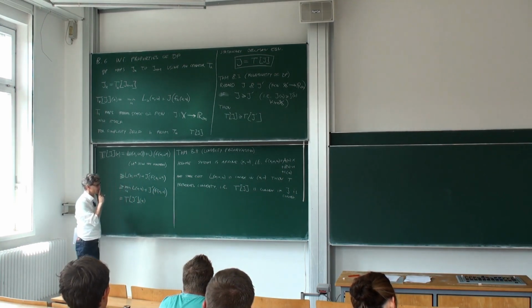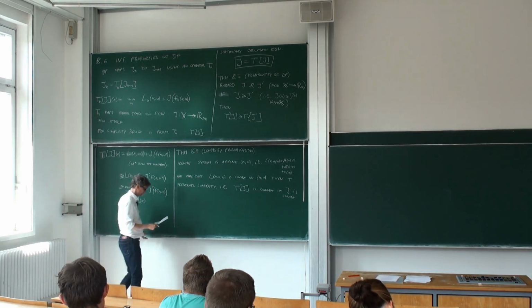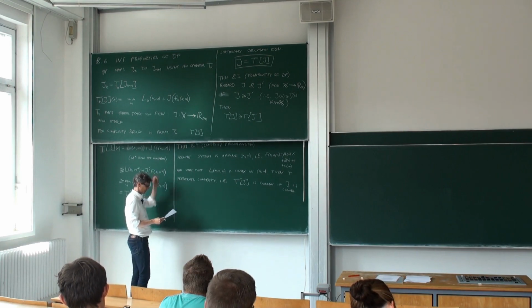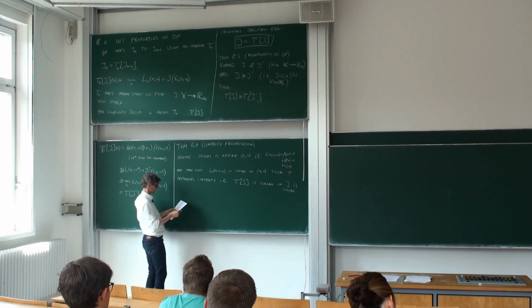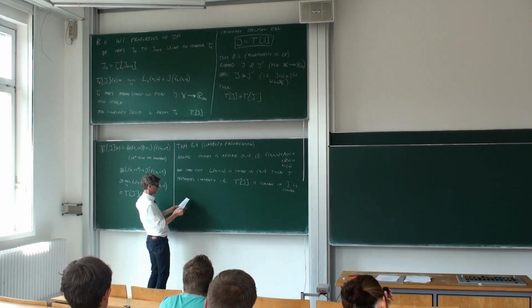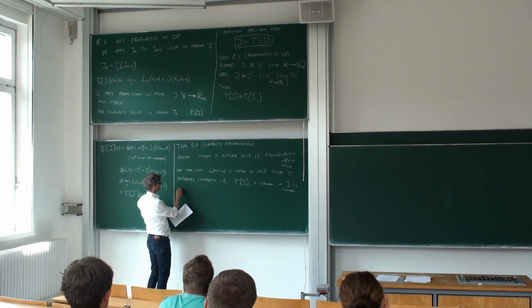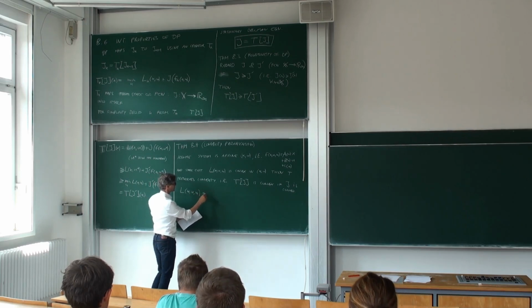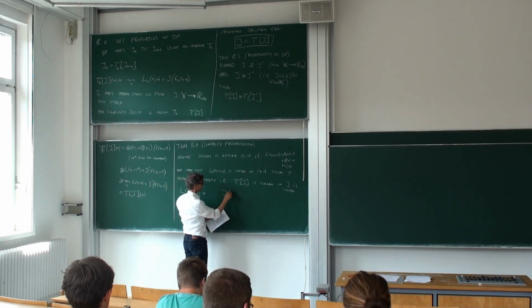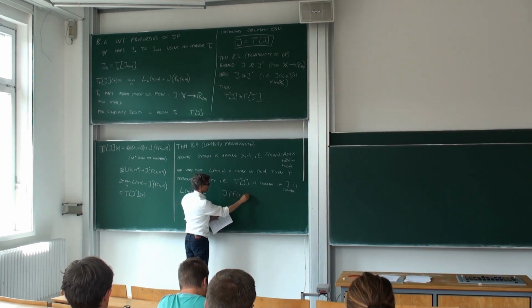Okay, so how do we prove this? Let's look at what we want to do. The function that we need to look at is L of x, u, w plus J of f of x, u and w.